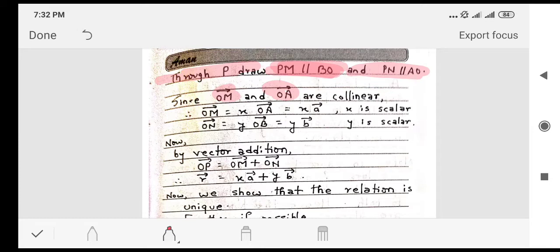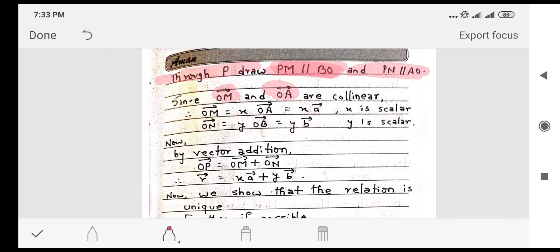So OM vector will be x times OA vector, meaning we can express them in this pattern because they are collinear vectors. So we can write that OM vector is equal to x vector A, where x is a scalar. Similarly, ON vector can be expressed as y times OB vector, that is y times vector B, where y is some scalar.